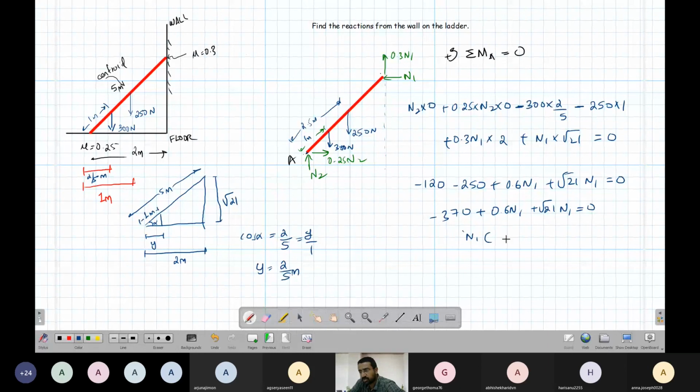So this will be 250 plus 120, which is 370. So N1 times (0.6 plus root 21) equals 370. So N1 equals 370 divided by (0.6 plus root 21), which is equal to 71.4.